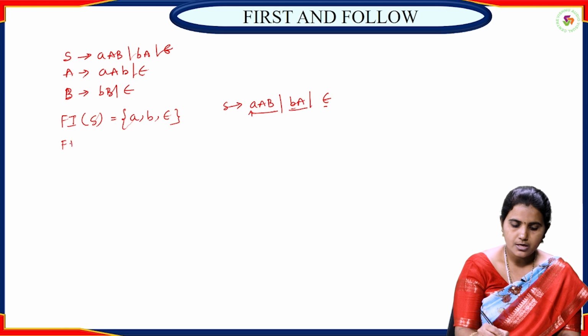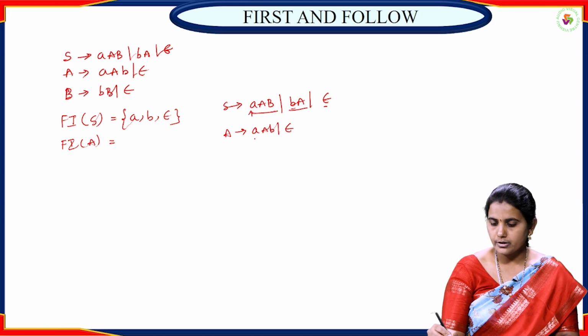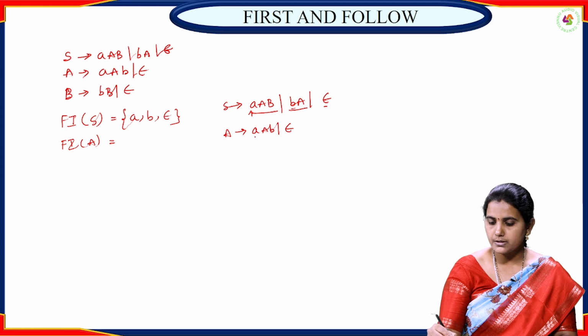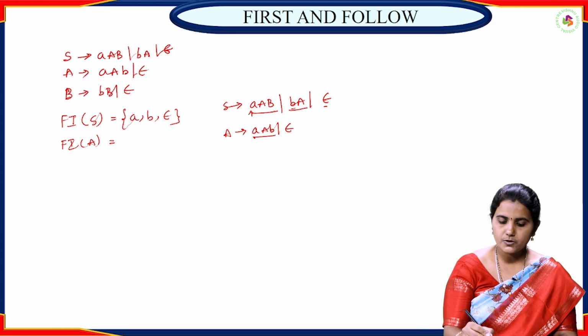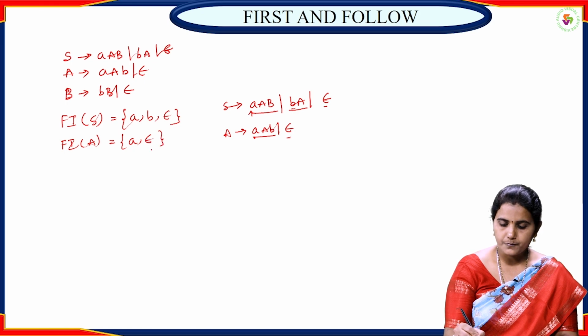Then go for first of capital A. Go for the A productions: A implies A B or epsilon. Then go for the first production. A implies A B, starting with the terminal symbol, so your output is that terminal. Then followed by A implies epsilon, so your output is epsilon.